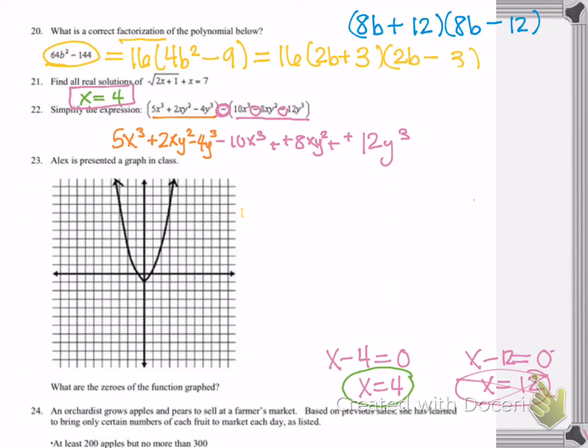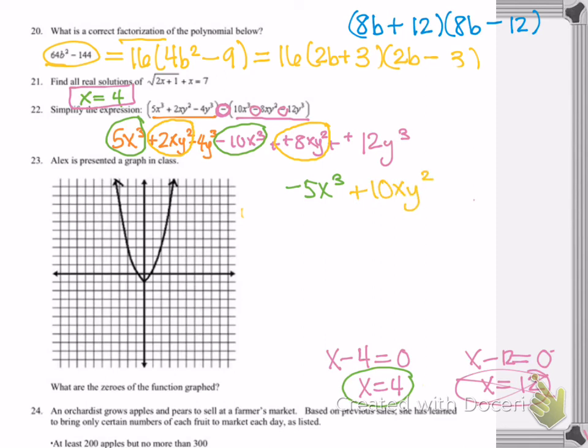Now I just need to look for like terms. Are there any other x cubes? Yep, here's one. If I combine those, I get a negative 5x cubed. Are there any other xy squareds? Here's one of those. It's positive. 2 of them plus 8 more is 10 total xy squareds.